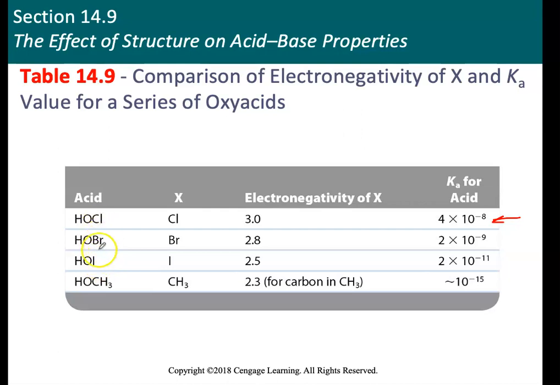So here the electronegativity decreases from chlorine to iodine. So that's why there is a decrease in the acidity. And so this one is very, very weak. These are all electron withdrawing groups, and this is very weak. So that's why you see the acid strength is very, very low.